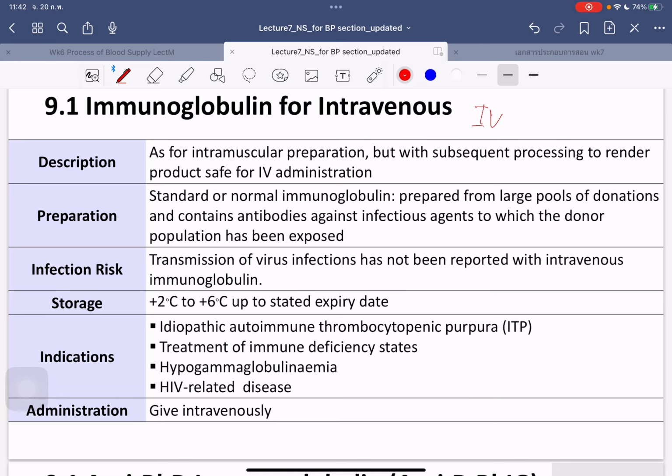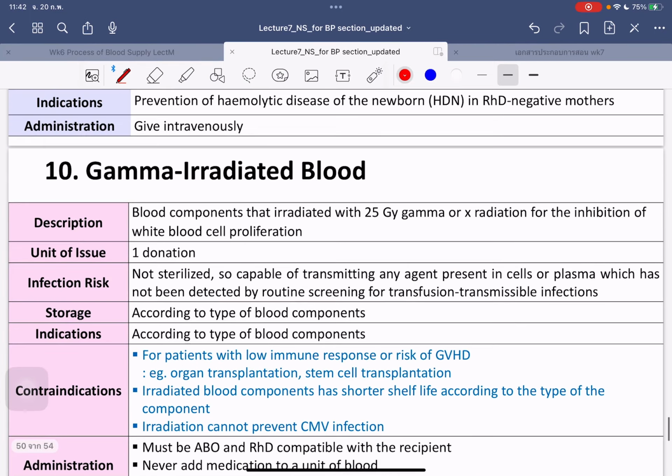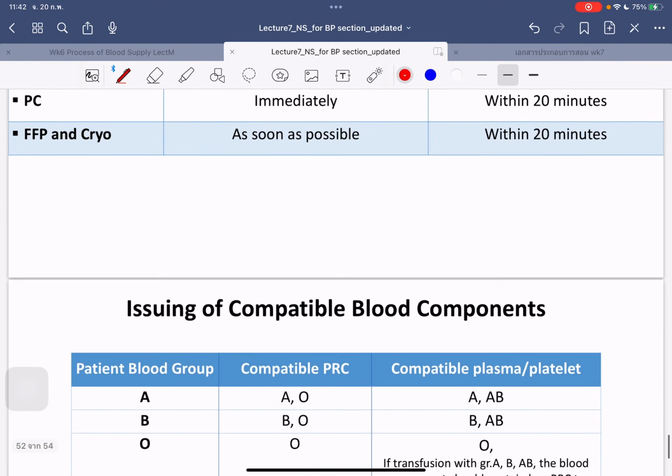Autoimmune means antibody against the patient's own antigen. Thrombocytopenia means the patient has low platelet concentration, and when the patient doesn't have enough platelets, they develop purpura on the skin. It means the patient has antibody to their own platelets, and when you give intravenous injection, the antibody can neutralize the autoantibody.